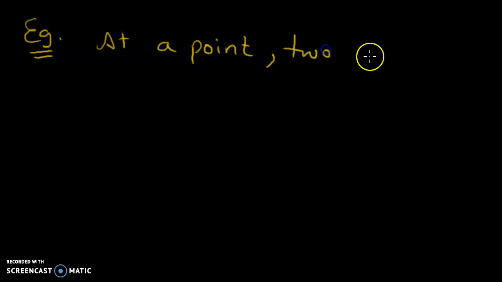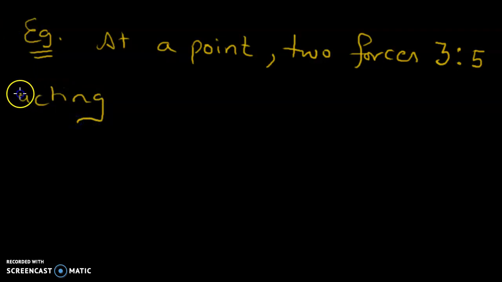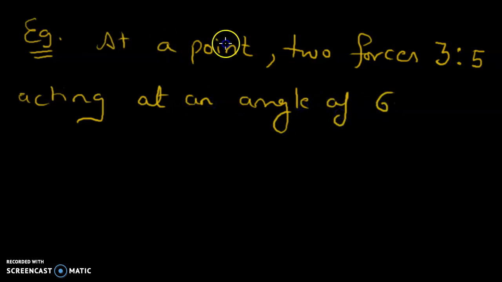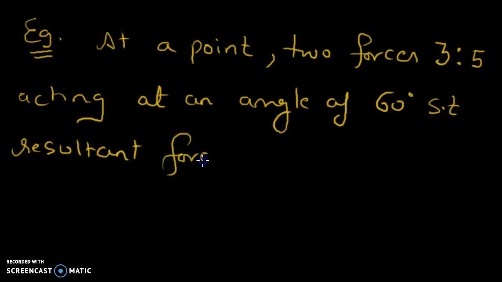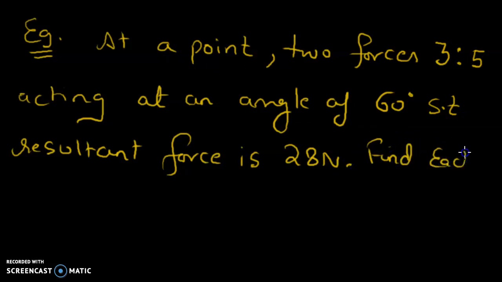Say for example, at a point two forces are acting in the ratio of 3:5, at an angle of 60 degrees, such that the resultant force is 28 Newton. Find each force.